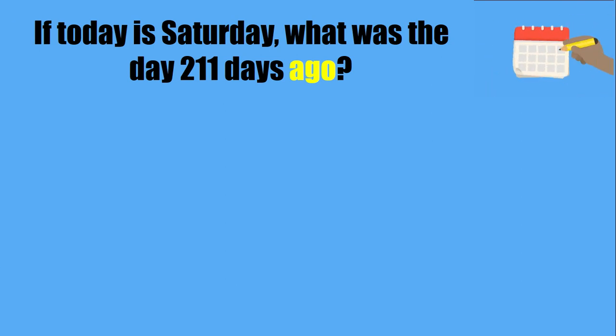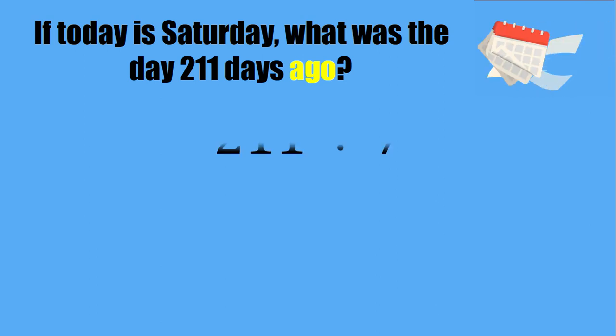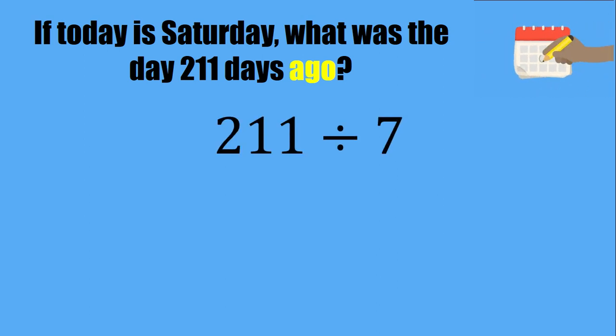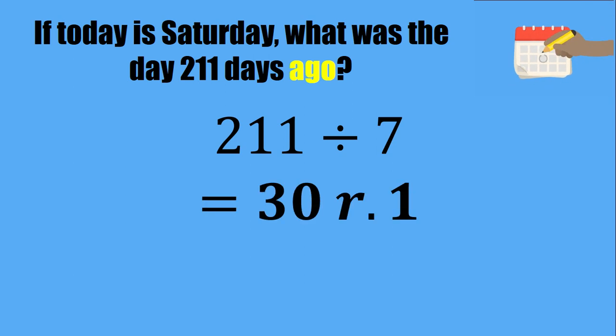Another example: if today is Saturday, what was the day 211 days ago? Same procedure, we're just going to divide 211 by 7. 211 divided by 7, and our answer here is 30 remainder 1.